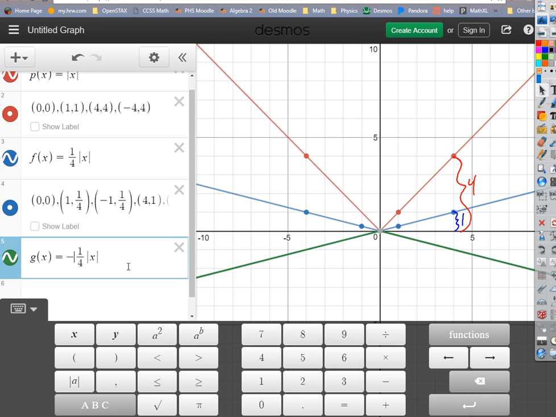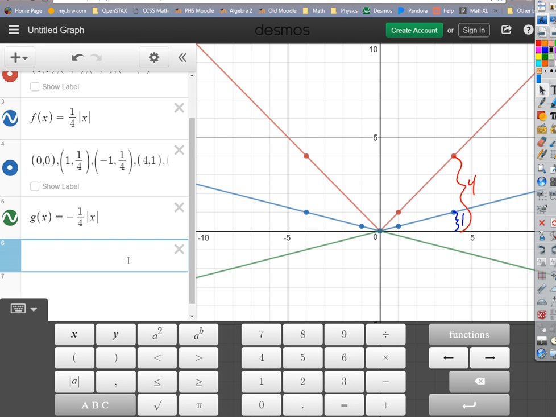Okay, there's an easy way we can do this one too. Easy way that we can spot the points. We can combine the compression and the reflection, and here's how. If we make some ordered pairs, what's going to happen if I put a 0 into g of x? -1/4 times the absolute value of 0 is 0. Okay, so there's the point.